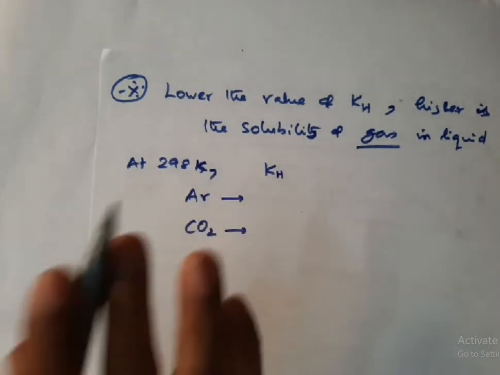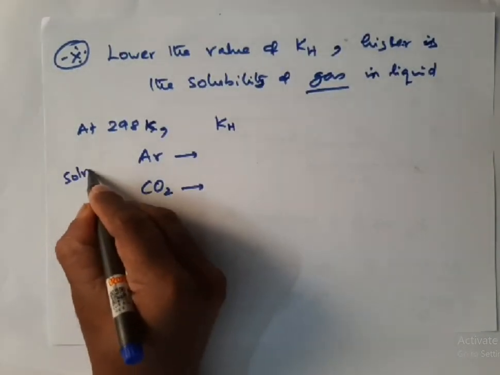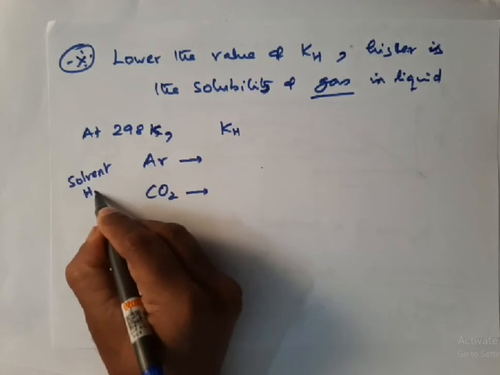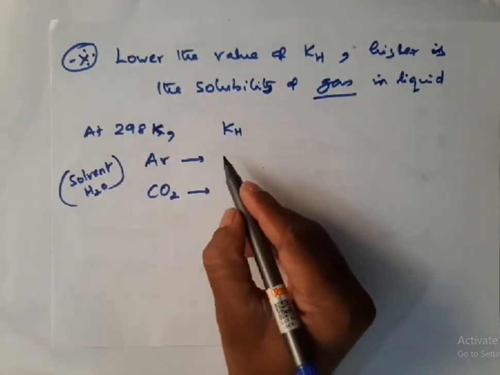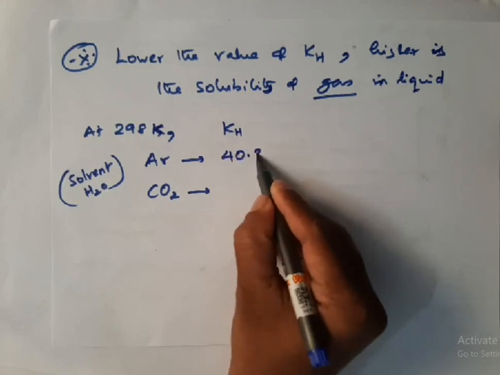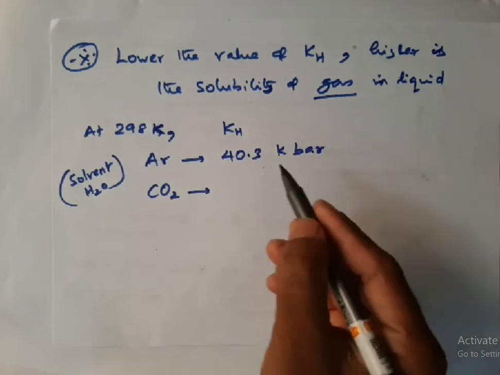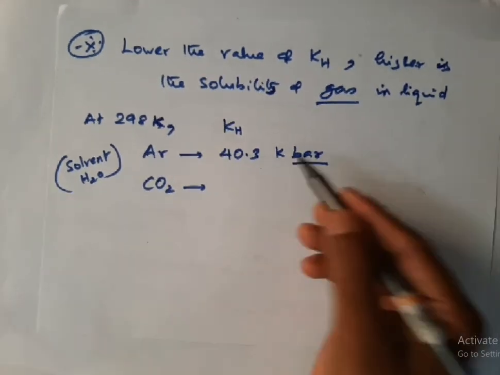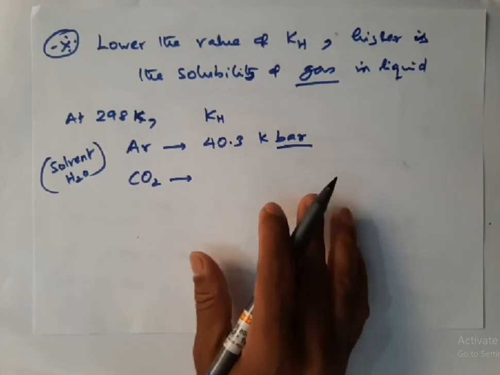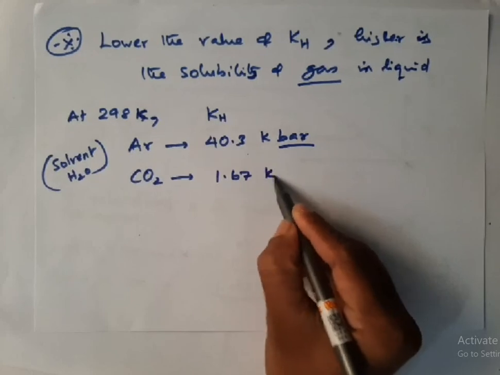Here again the solvent is water. Argon gas has a KH value of 40.3 kilobar. Bar is the unit of pressure, and it is given in kilobar. For CO2, it is just 1.67 kilobar.